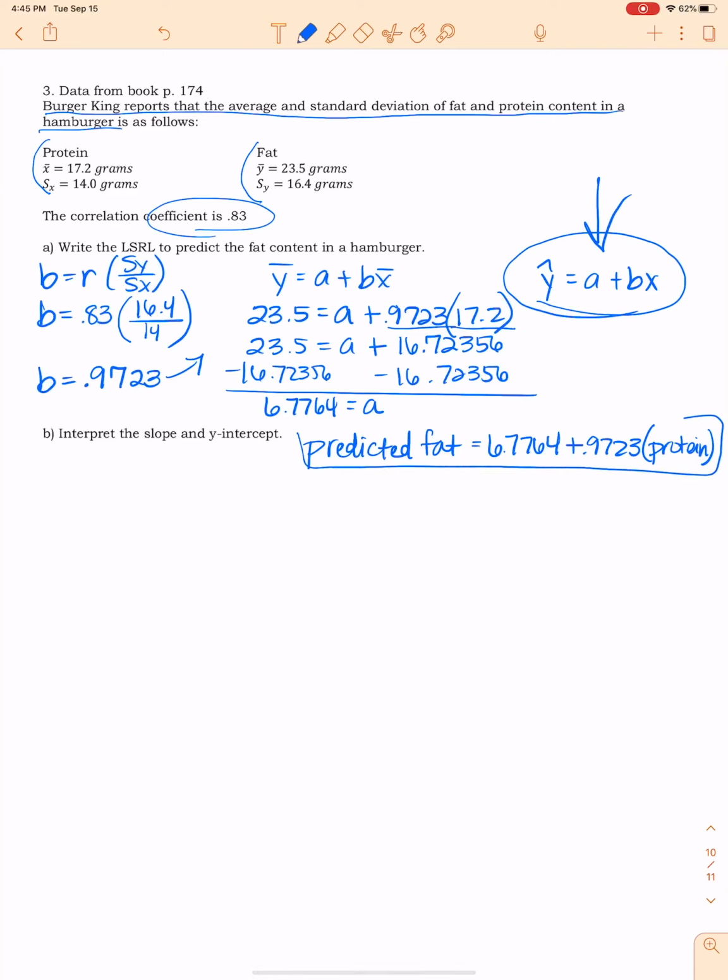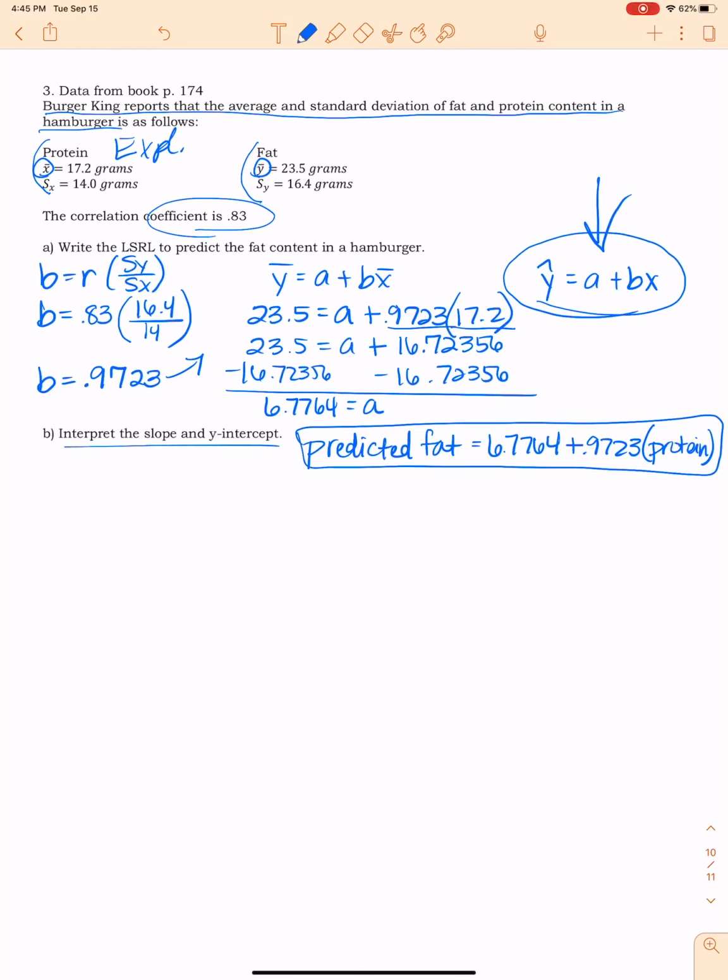So that's my answer to part A. And please note that the way I determined which one was my explanatory and response, I just looked at my notation. All right? Protein is x bar for the average and S sub x for the standard deviation. So that's how I know that protein is my explanatory variable.